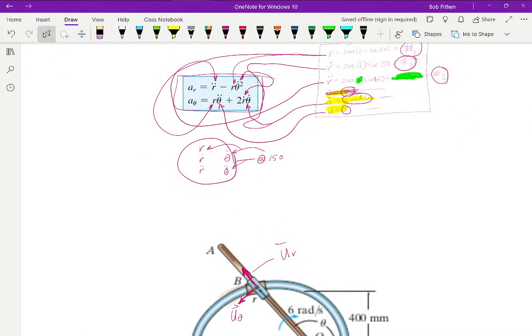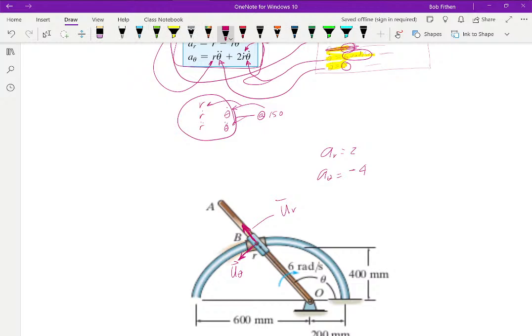So let's say you end up with a sub r equaling 2 and a sub theta equal to minus 4. So that would put a vector that would look like, if this is unit length, this would be 2 out in the r, and you'd have a vector that would basically go in this direction.